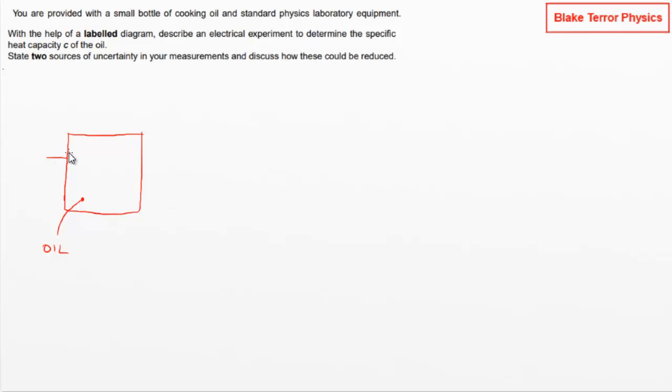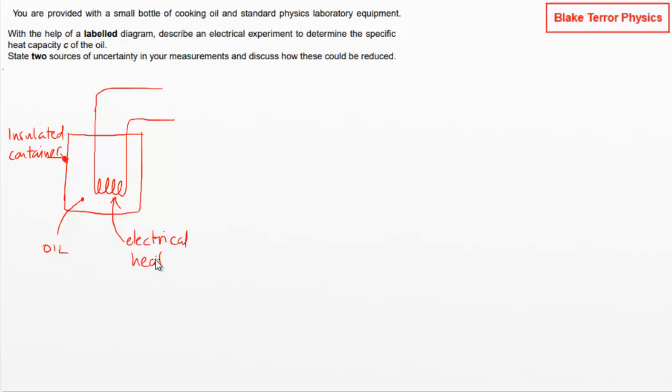This is the insulated container. Then we need the heater to go in it. So we'll have some kind of electrical heater in here, which can come out. We'll connect that up in a minute. So this is the electrical heater.